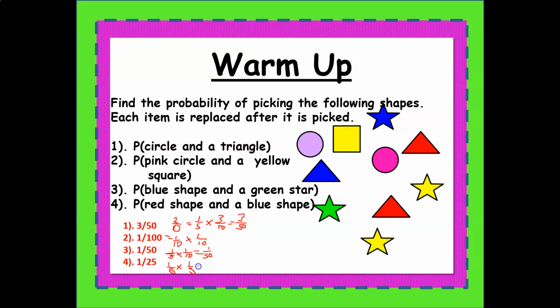That gives us 1/25. Which event is the least likely to happen of these 4 events? It'd be number 2, because 1/100th is our smallest probability.